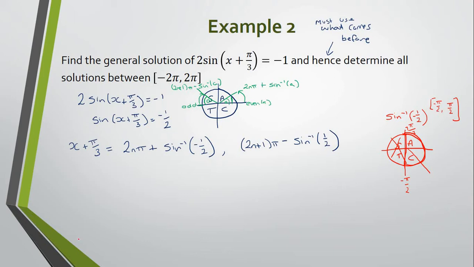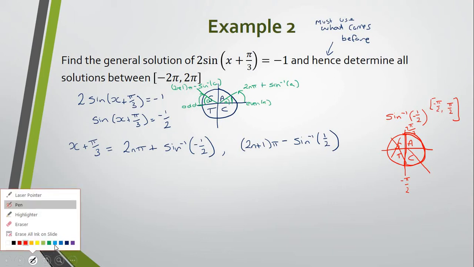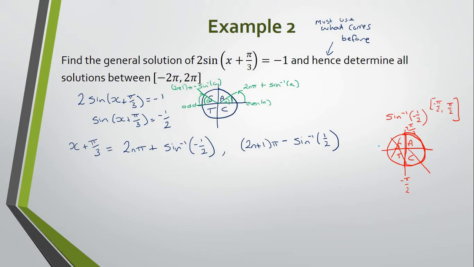Okay, so let's think about this now. We want to find it in the fourth quadrant. We want to find it in this part here. Okay, so what we're going to do then is that we are going to have to find this angle here, because it's not the fourth quadrant really, we're moving in the negative direction.